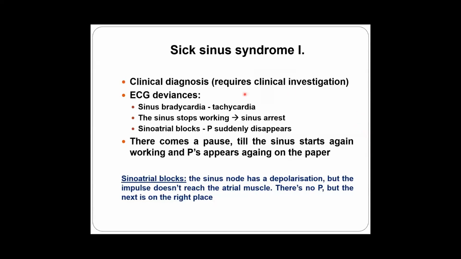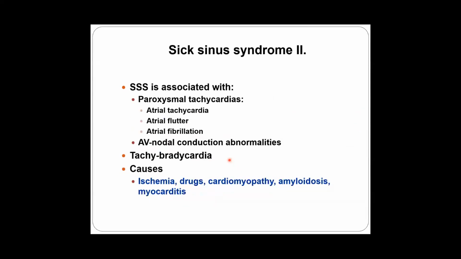You can see some tachycardic period, you can see an empty flat line when you have a sinus arrest, and afterwards you can see, for example, sinoatrial blocks. This is called tachycardia-bradycardia syndrome, and it is a sign of a problem with the oxygenation of the sinus.